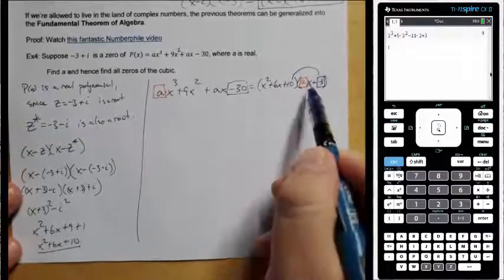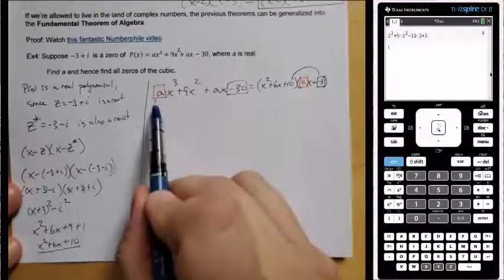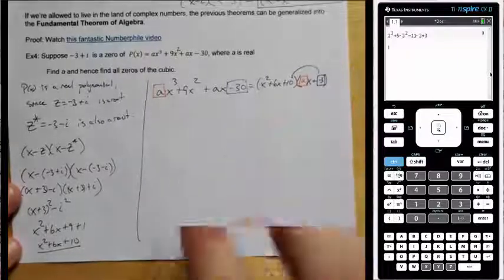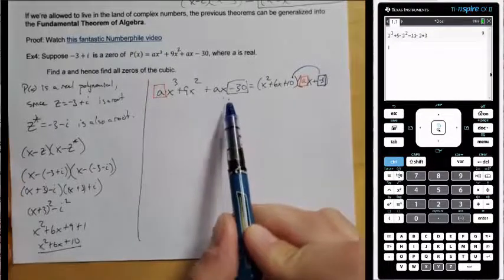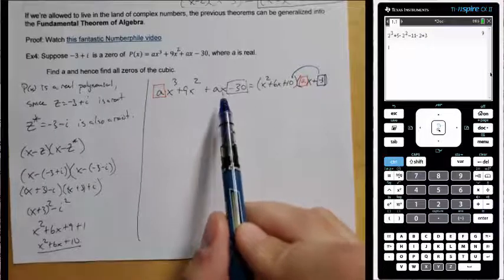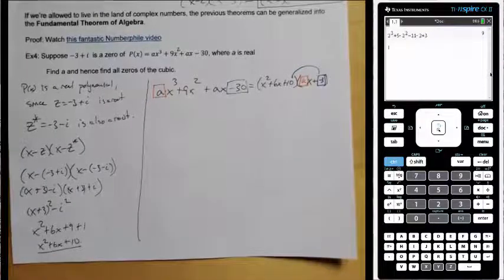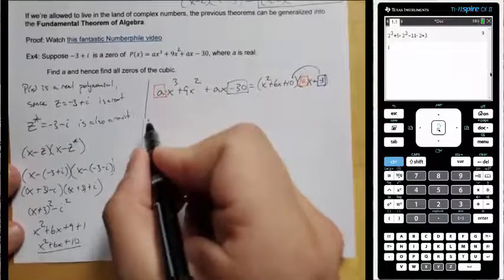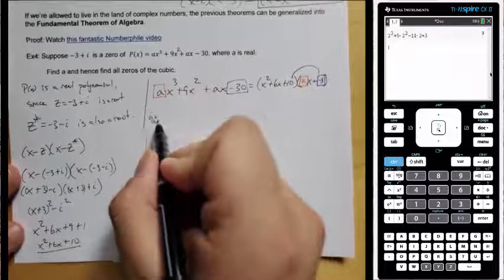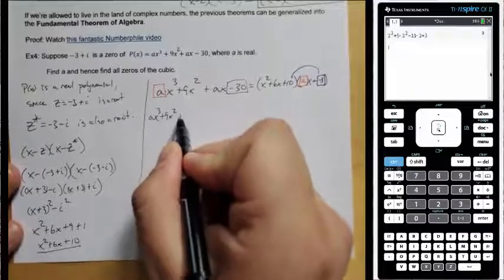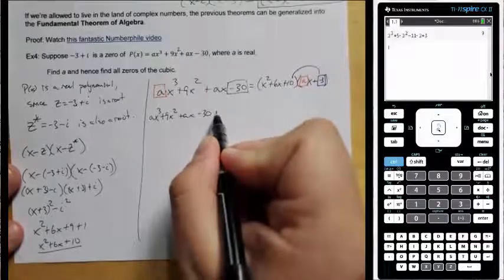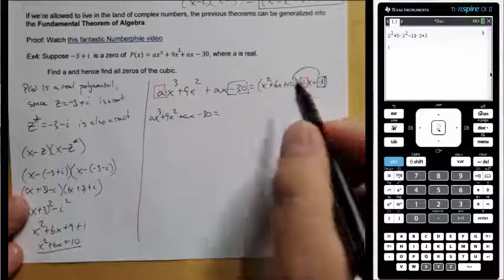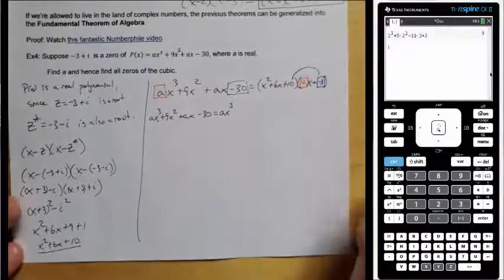I know that if I FOIL a times x squared, I get this first term. There's also an a in this linear term. So if I FOIL this out, I can also match up the term in front of the linear term, and I can equate those two things. So I'm going to FOIL this out. I'm going to rewrite this first term: ax cubed plus 9x squared plus ax minus 30 is equal to, let's see, the x cubed term is ax cubed.